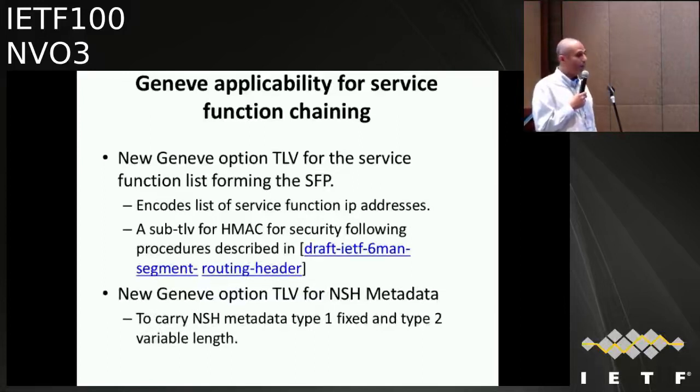NSH has defined metadata of type 1 fixed and type 2 variable length, so those can be carried as well as option TLV. Of course, as I mentioned, we can carry NSH as a protocol into Geneve, and that doesn't really require any draft to say so.